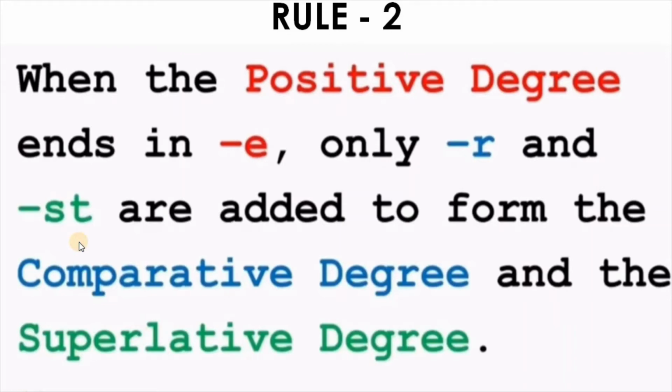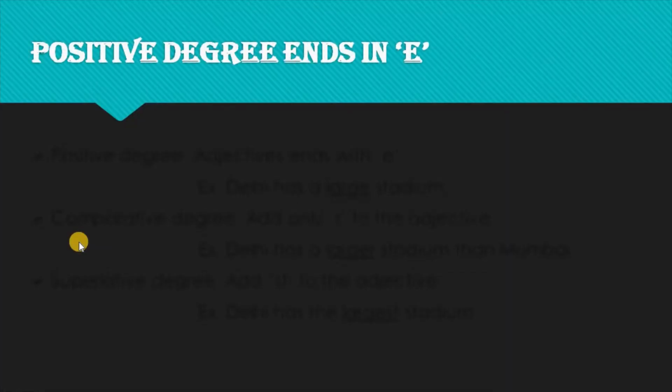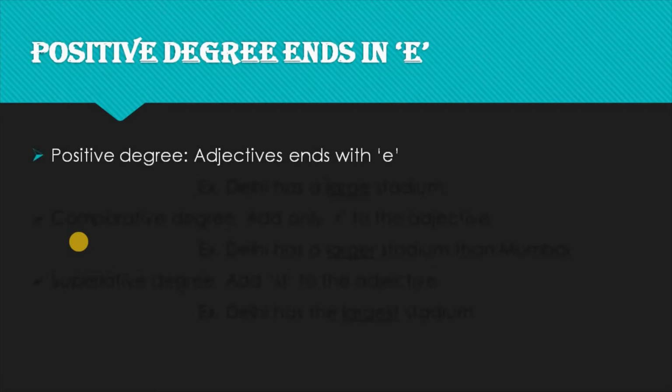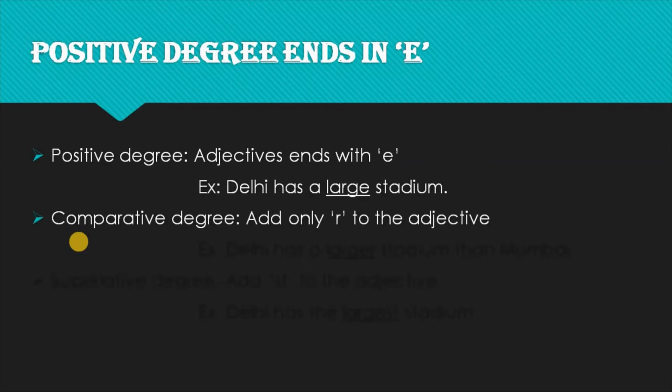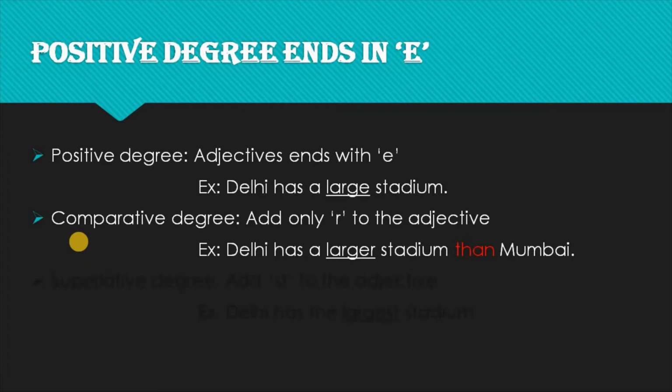Now we'll see the examples of positive degree ends in E. When the adjective ends with E, when it changes to a comparative degree, we should add R to the adjective. Example, Delhi has a larger stadium than Mumbai.